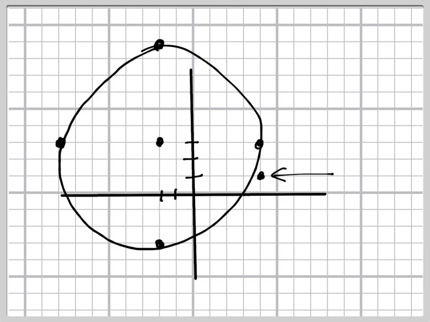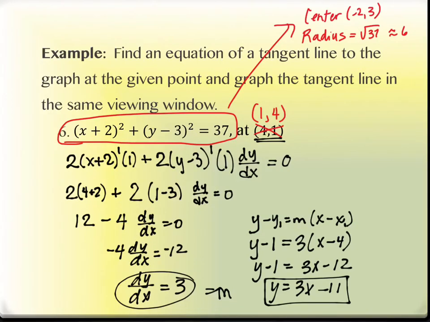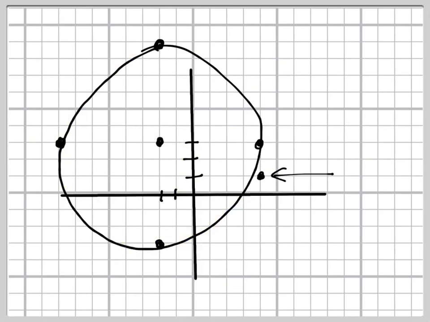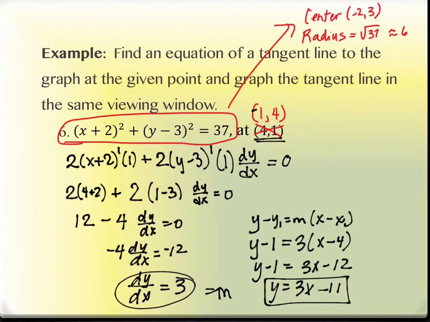The point should have been 1, 4, and we could go back and fix that, but it's going to have to change everything we did from here down. It might not be. You're right. Yep, 1, 4 doesn't fix it either. I'll have to go find a point on my circle and fix it later. But the point they give you will be on your circle.